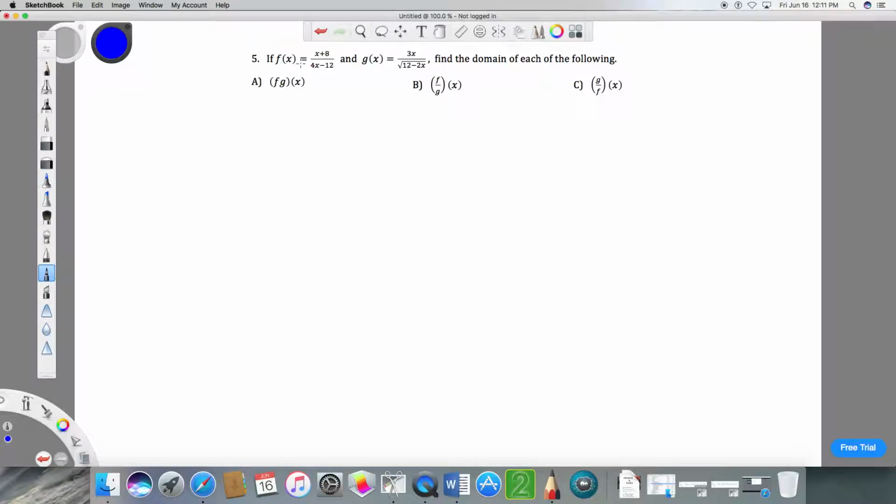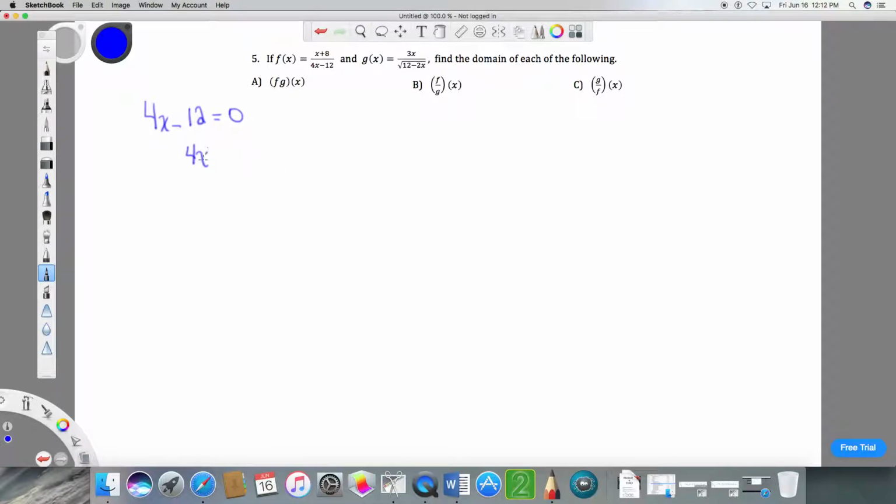In the domain of f, we know that the domain of any function is the set of all real numbers, excluding any values that cause division by 0, and also excluding any values that would cause us to take the square root or even root of a negative number. So we have a variable in a denominator, and we have this expression 4x minus 12, and we're curious if there's any value of x that would cause this to equal 0.